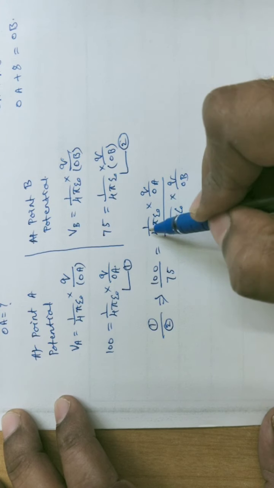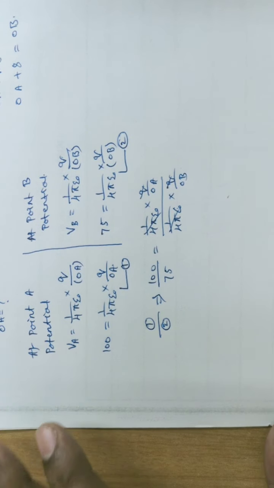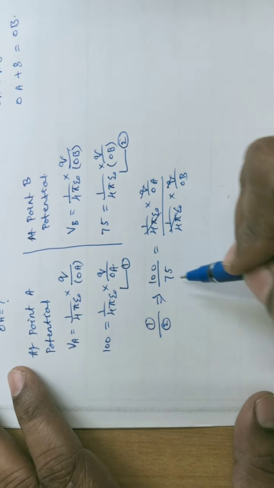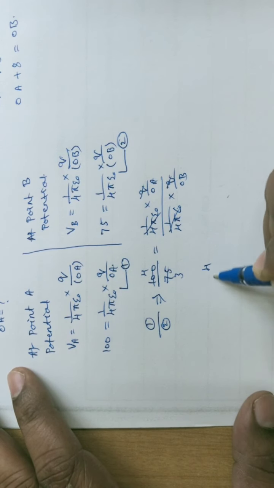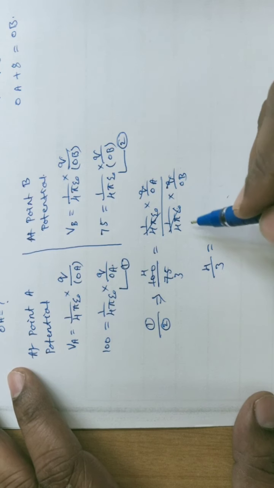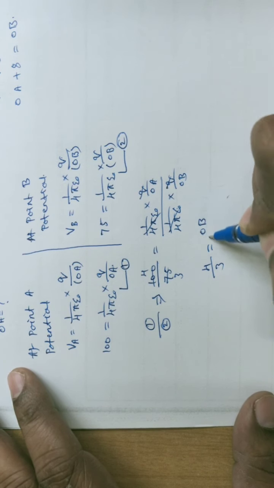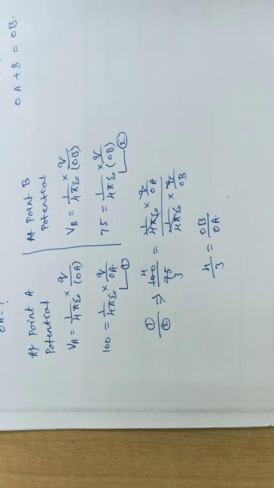Here 1 by 4 pi epsilon naught cancels and Q also cancels. Here 25 times, 4 times and 3 times, cancel. Finally we get 4 by 3 is equal to OB divided by OA.